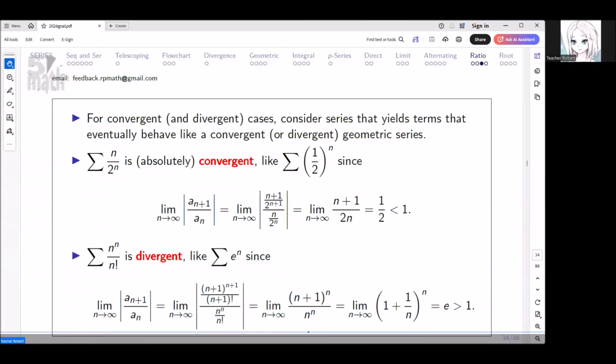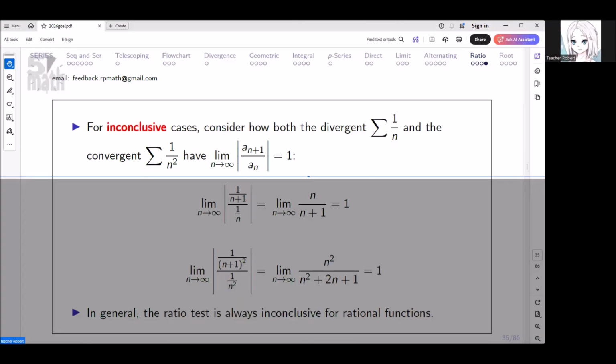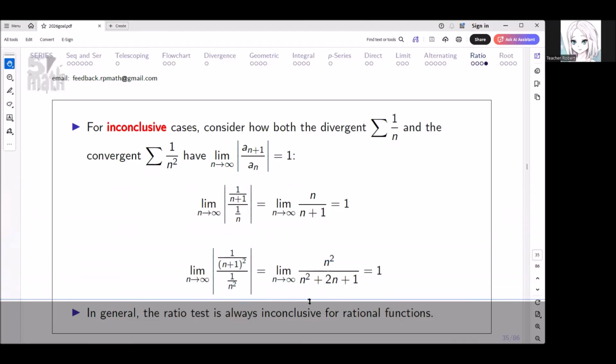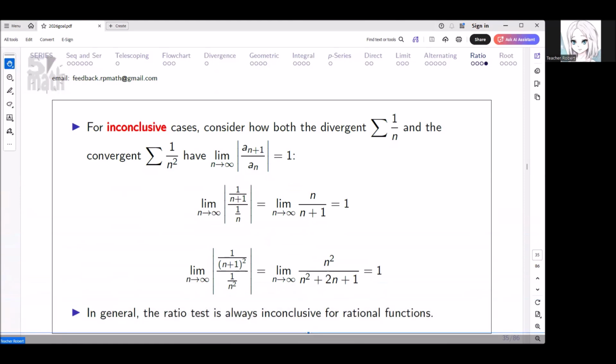This is divergent like that, since we have this. For inconclusive cases, consider how both the divergent series 1 over n, and the convergent series 1 over n squared, have this, and that. In general, the ratio test is always inconclusive for rational functions.